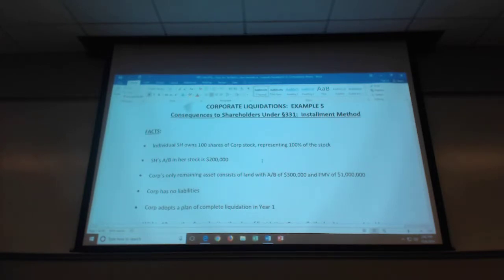So the facts here are, we have a corporation with a shareholder who owns 100% of the stock. Her basis is $200,000. Corporation has one asset left, land with a basis of $300,000. It's worth $1 million. Corporation is assumed to have no liabilities.